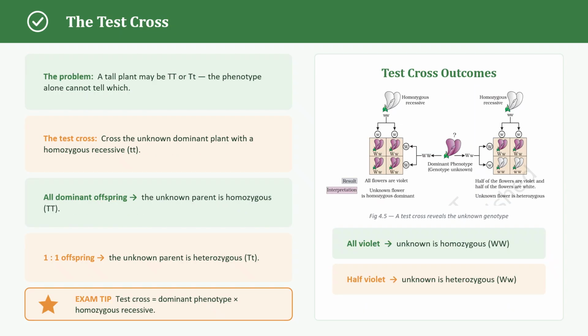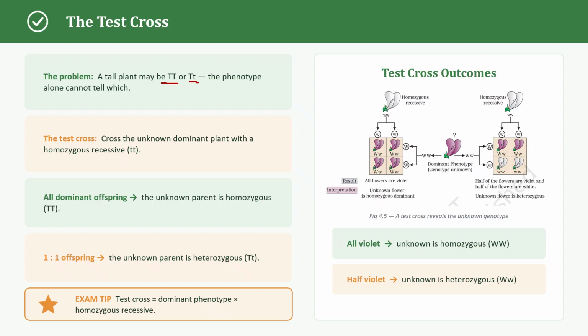Let's see the test cross. So what is the purpose of the test cross? A tall plant may be capital T capital T or capital T small t, and they both look identical. But the phenotype alone cannot identify genotype. So in order to determine the genotype, Mendel crossed the unknown tall plant with a homozygous recessive plant.